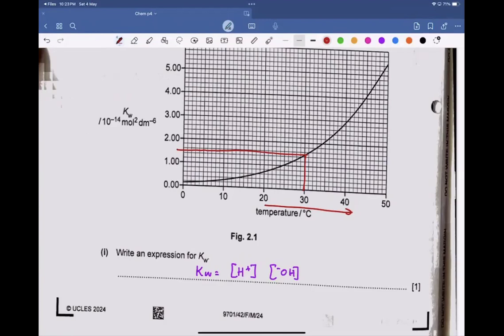Maybe pH 7 is neutral only when the temperature is 25 degrees Celsius. That's what I've always mentioned in the notes.